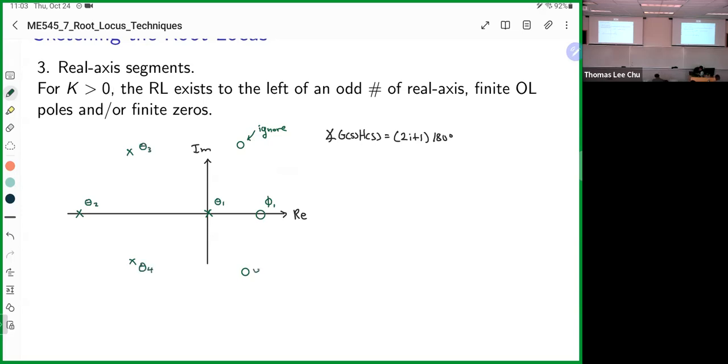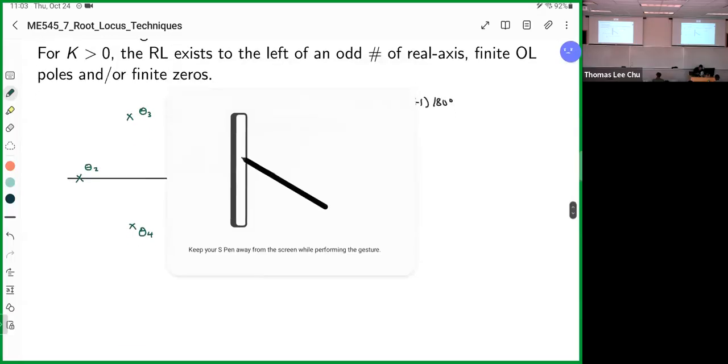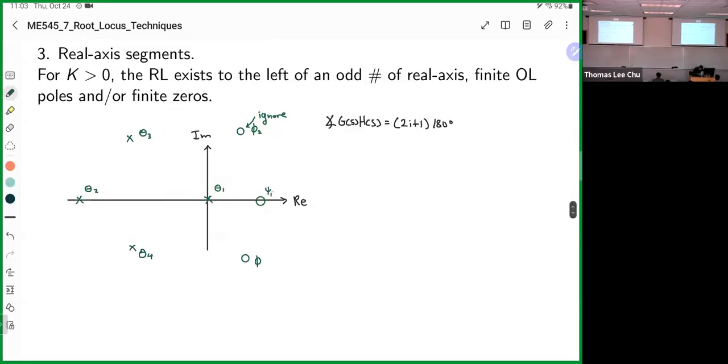I'll call the zero angles psi 1, psi 2, psi 3, to be consistent, or if you want to use phi, that's fine too.